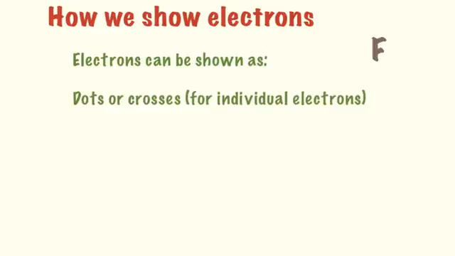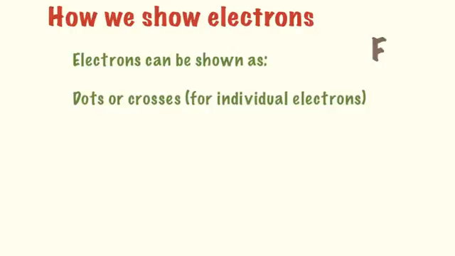Right. Probably the most obvious way for us to show valence electrons is to show them as dots or crosses. For the sake of us doing it, I'm going to show them as little balls. I'm going to use the atom fluorine, and as we know, fluorine has the electron packing of 2.7. In other words, 7 electrons in its valence shell.